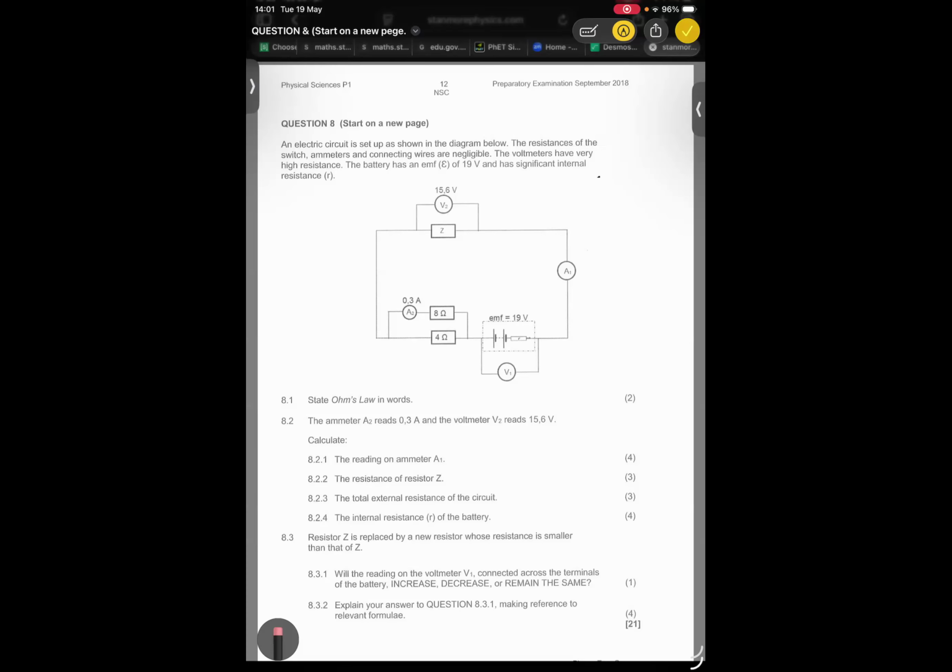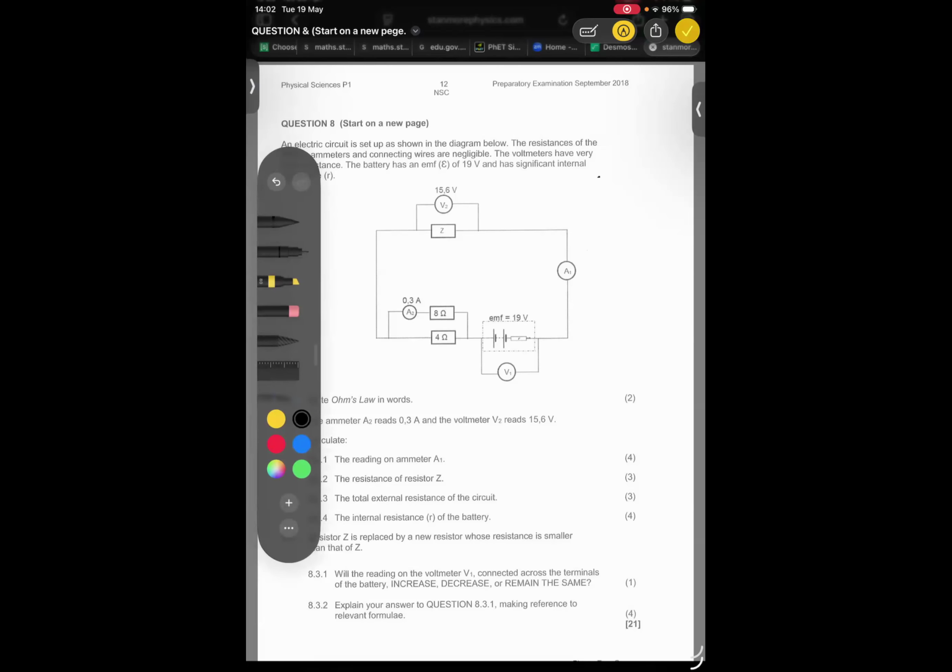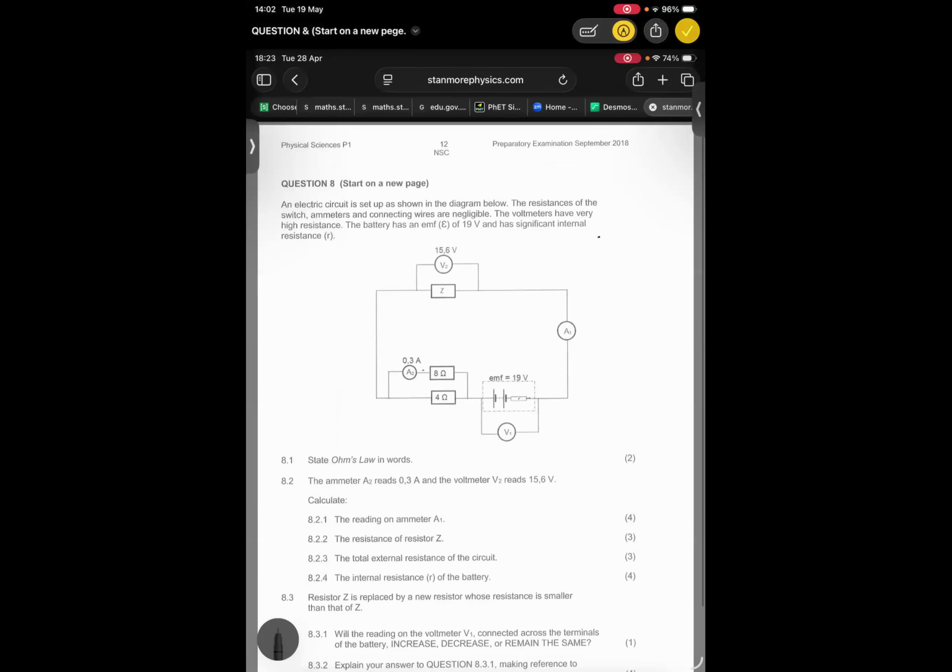It stays the same. Okay. So if the voltage across the 8 ohm resistor is 4, what's gonna be the voltage across the 4 ohm resistor?